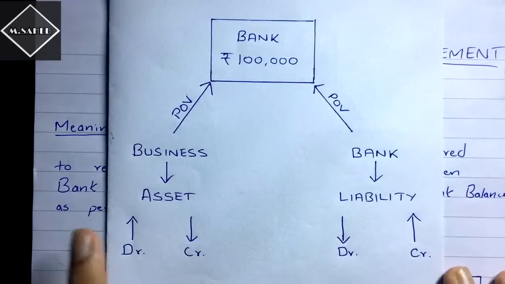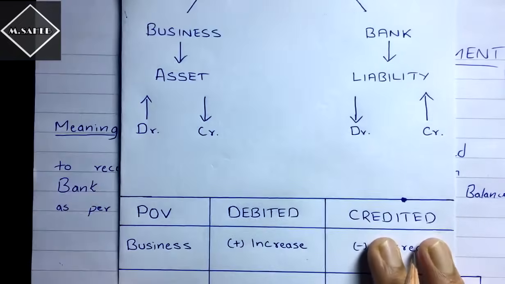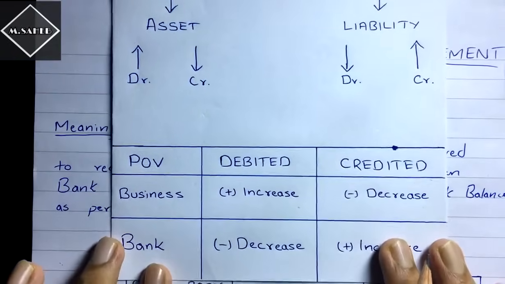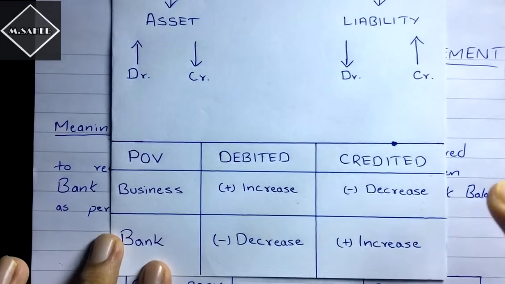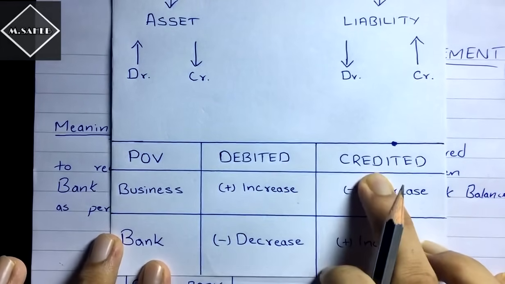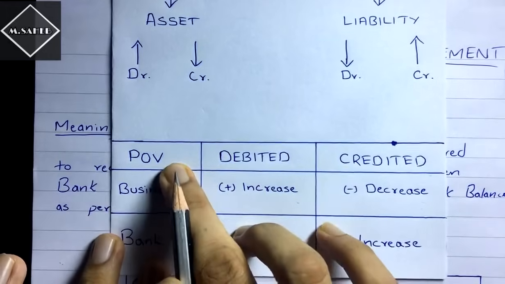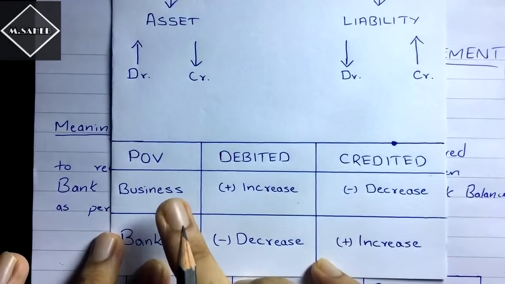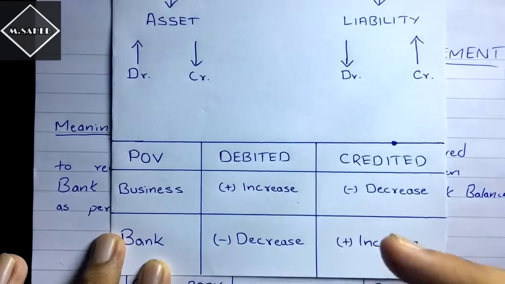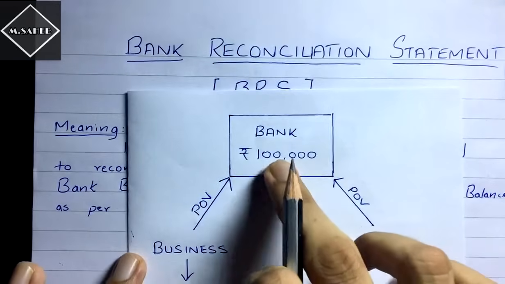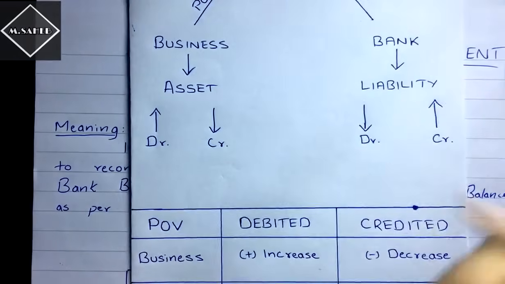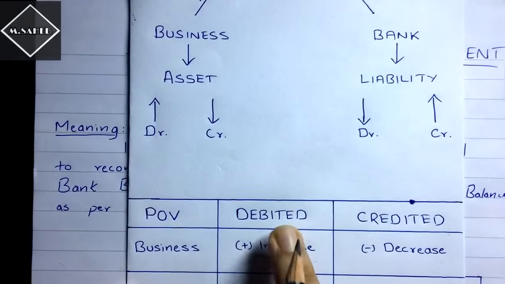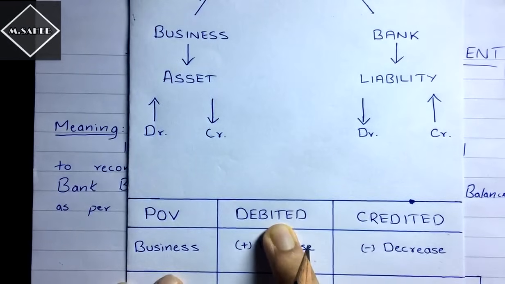Simple. All right, and then you need to know what is meant by debited and credited. See, the meaning of debited and credited changes as the point of view changes. From the business point of view, when the bank balance increases, that means the money has been debited.